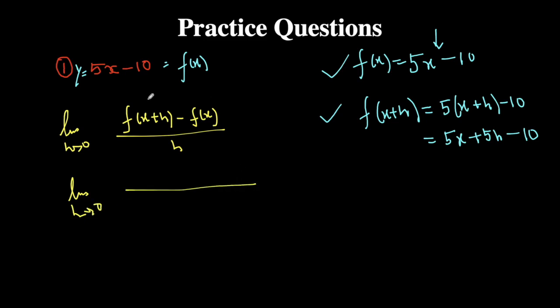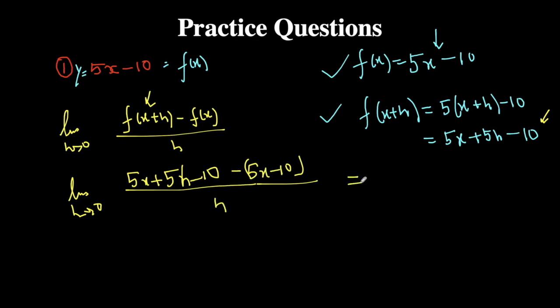Now in place of f of x plus h, I'm going to write this quantity, which is 5x plus 5h minus 10, and minus f of x, I'm going to write this quantity minus (5x minus 10), and you have to give a bracket over h.